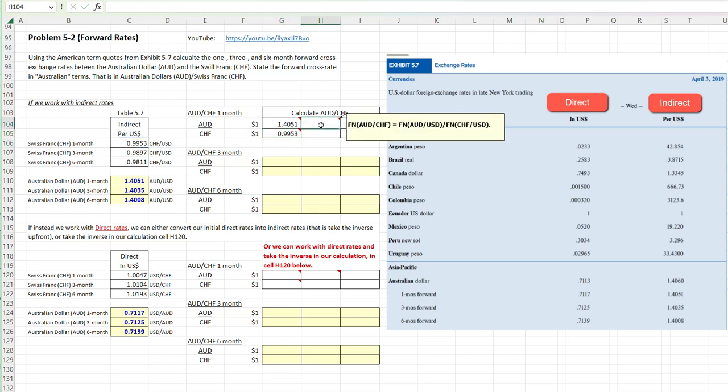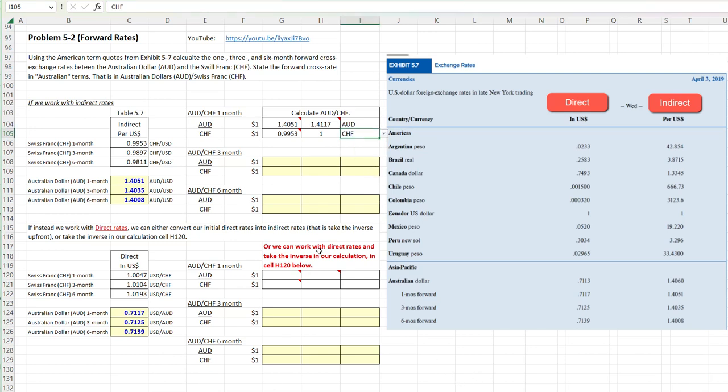To get our cross rate, we simply take the Australian dollar indirect rate divided by the Swiss franc indirect rate. And again, we can always put that over 1. So this is saying 1.4117 Australian dollars per Swiss franc.